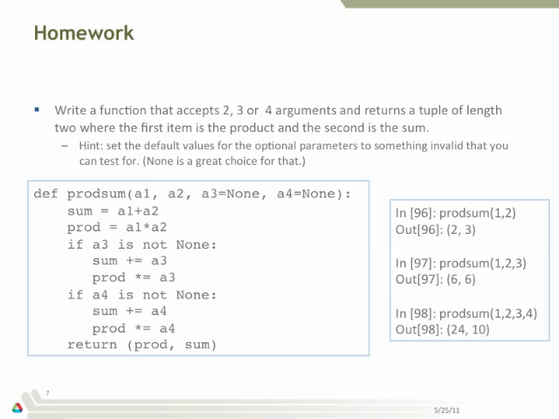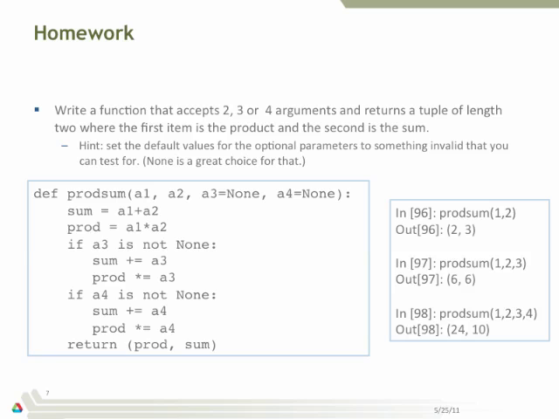I remember somewhere seeing that this isn't a good thing to do in Jython, which is the Java-based Python. But as far as I'm concerned, that's a bug. But this is the correct style to use in terms of the recommendation. So if a3 is not None, then increment the sum and multiply the product, and then do the same thing for a4, and then return those things.